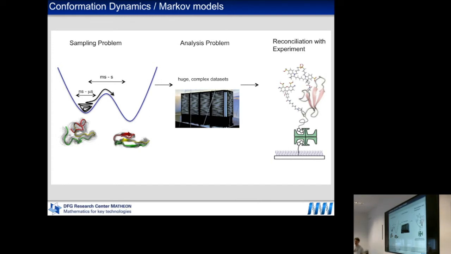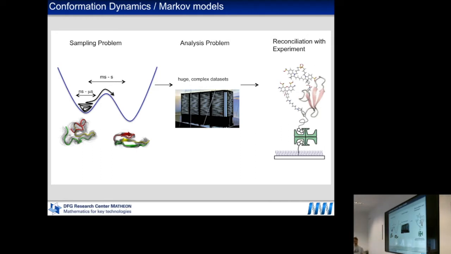Force fields are parameterized using energies. A factor of 10 on the probabilities or rates means less than 2 kT, less than 2 thermal units of energy, and that's not much. So a little perturbation in the energy means a large perturbation in the probabilities or rates. So it is to be expected that it's very difficult to be quantitatively correct there.